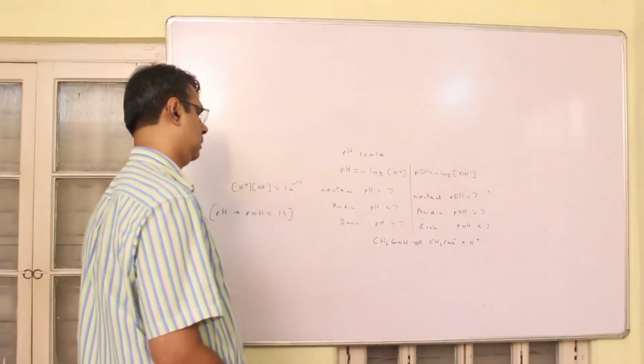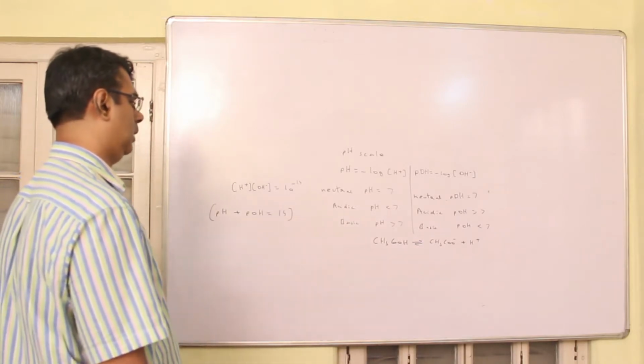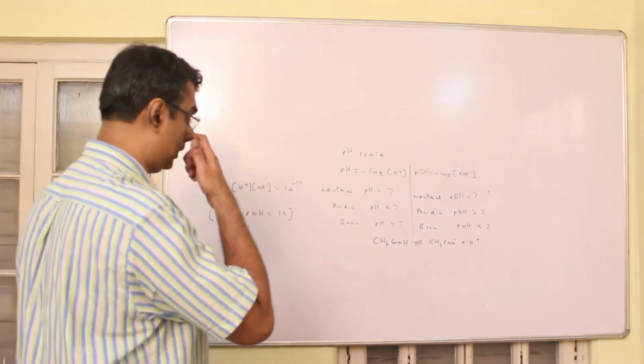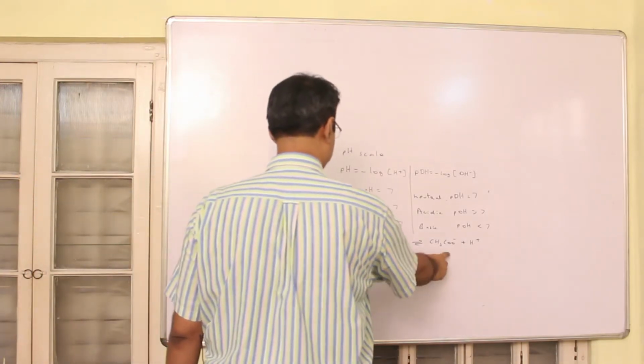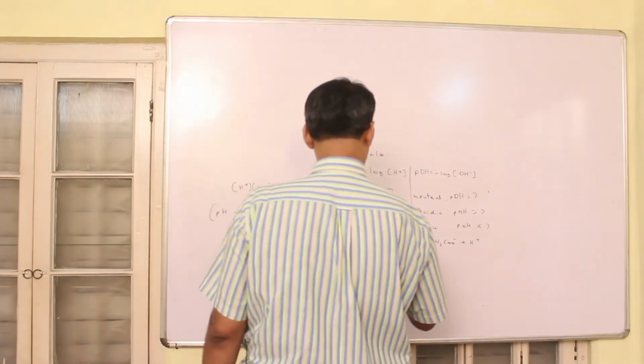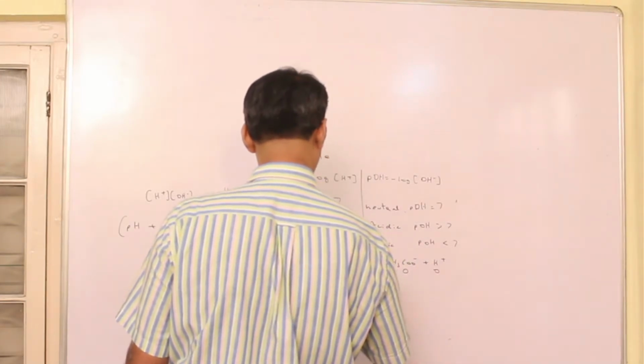Now let us go back once again to the dissociation of acetic acid. As you know, acetic acid will dissociate to give acetate ion plus H plus. So suppose the initial concentrations are these.